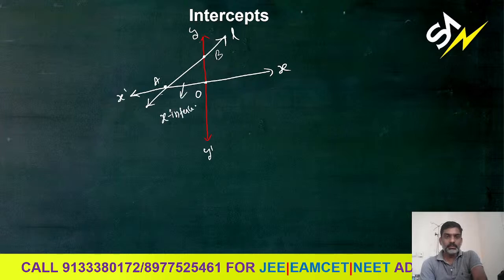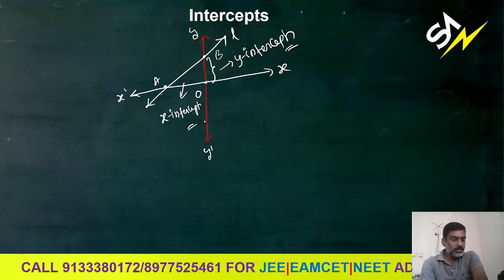OA is called the x-intercept, and OB is called the y-intercept. Right? The intercept form of a line we can see later, in coming slides. Here it is just what is x-intercept and what is y-intercept.